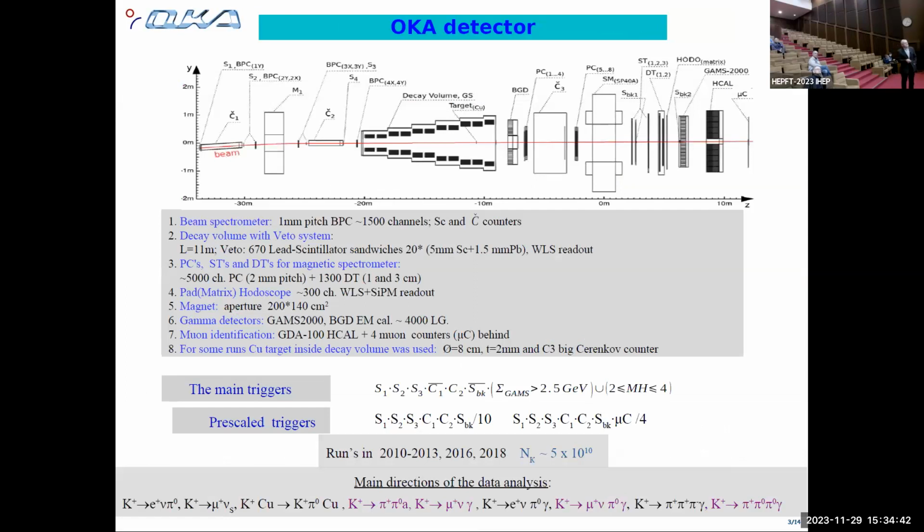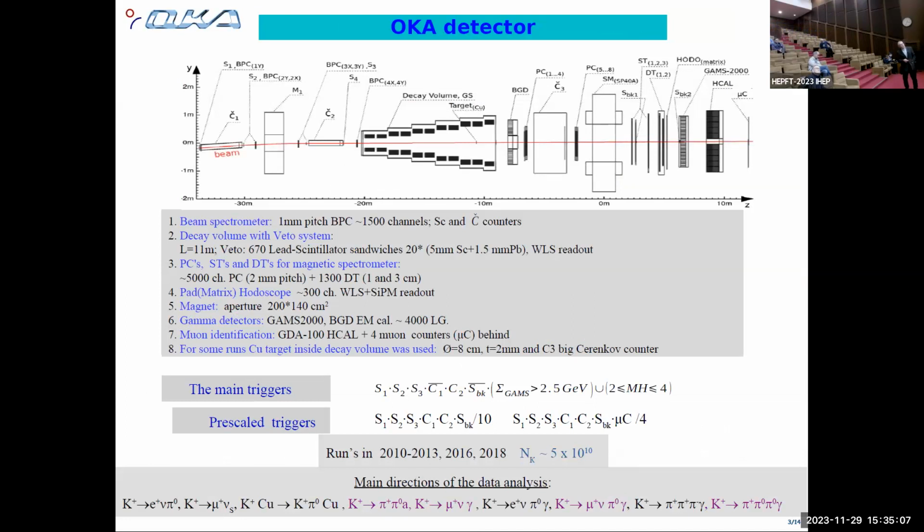So OKA is using this beam, and OKA is a magnetic spectrometer. It includes a beam spectrometer, where you measure the direction and momentum of the beam, and also tag kaons with two Cherenkov counters. Then there is the decay volume.